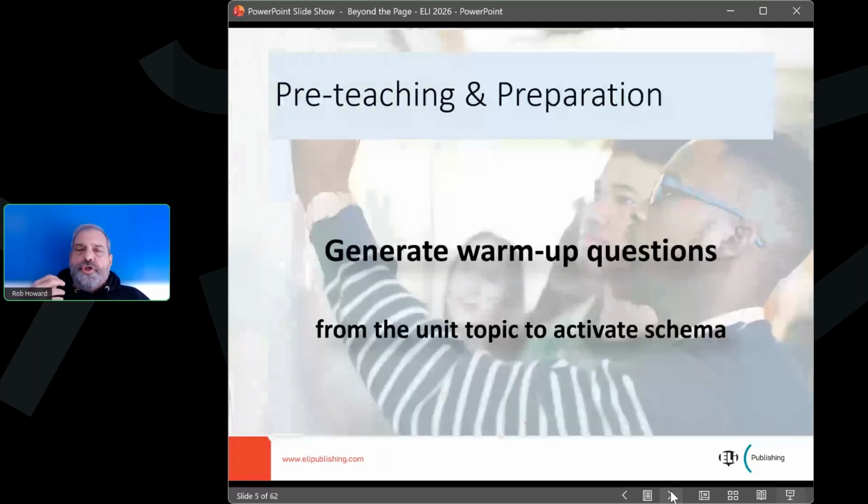One thing, as you should always do, even with AI, is we want to activate the schema. So we want to generate warm-up questions, just like we do now. And this will help build with scaffolding. What we want to do is don't treat AI as something way out there and something totally different.